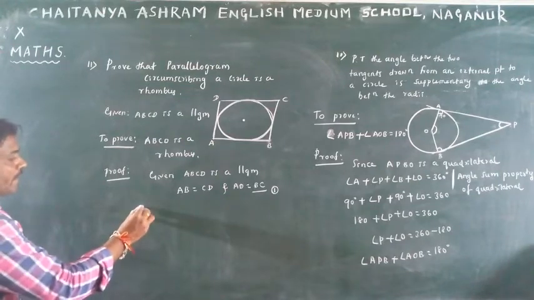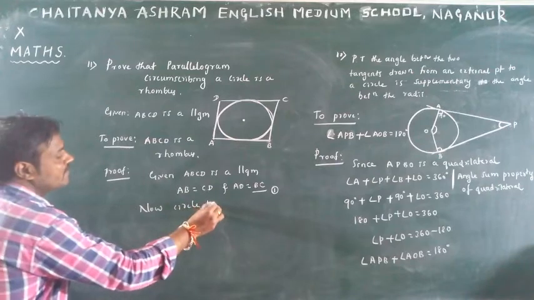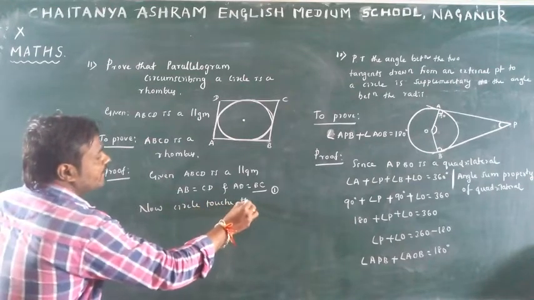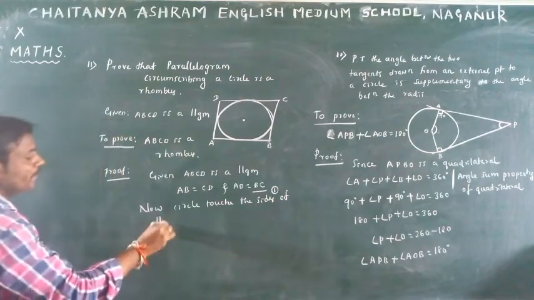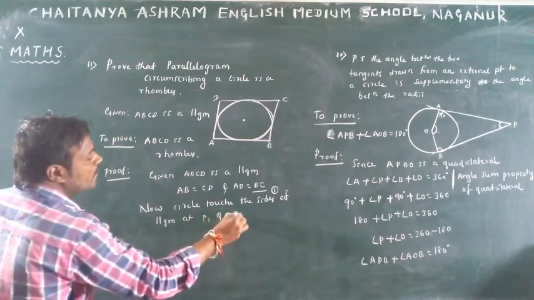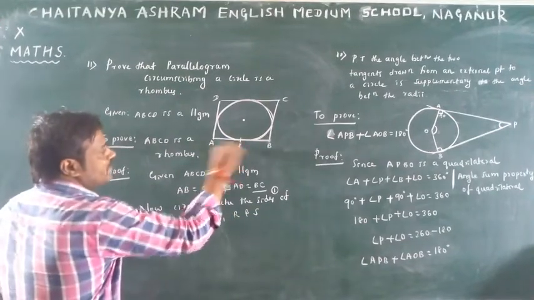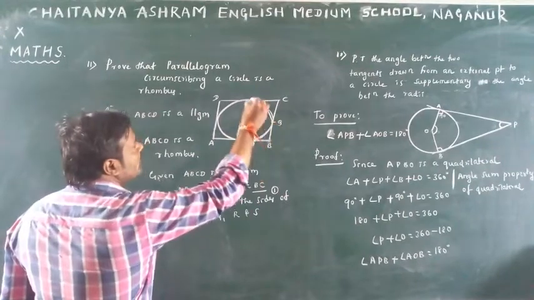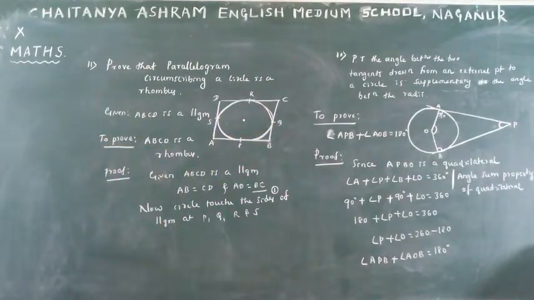Now, the circle touches the sides of the parallelogram at P, Q, R and S. Say this is P, this is Q, this is R, this is S. Okay, dear children?